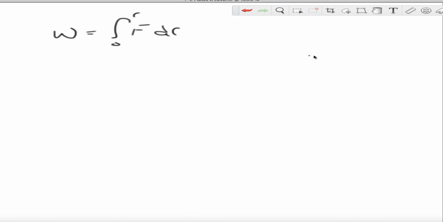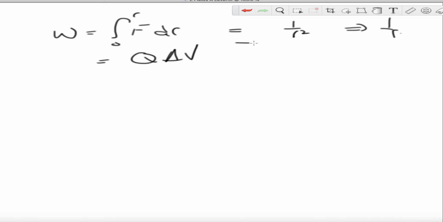But the work done is Q delta V. That's where you'll get that from. And if you integrate F, which of course is a 1/r squared relationship, you will get a 1/r.